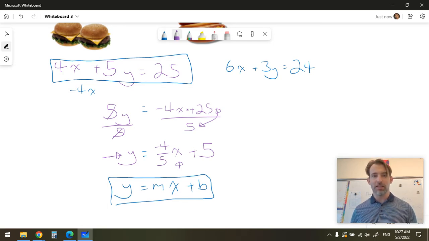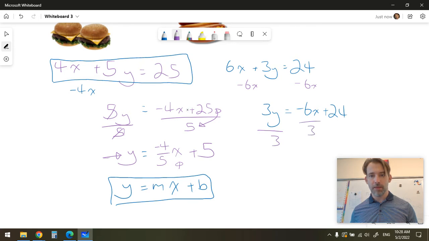We're going to use the same set of steps. Minus 6x, minus the cost of all those hot dogs from each side, to give us 3y is equal to negative 6x plus 24. Now we divide both terms by 3, and y is equal to negative 6 divided by 3, which is negative 2x, plus 24 divided by 3, which is 8.